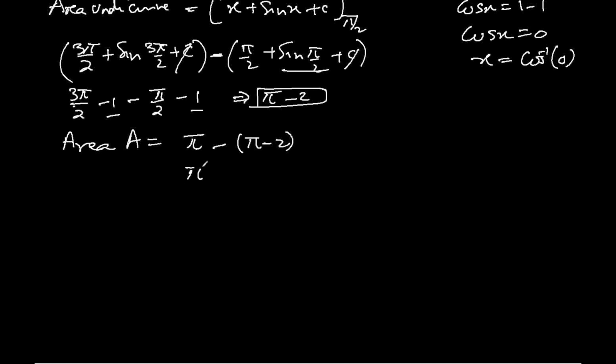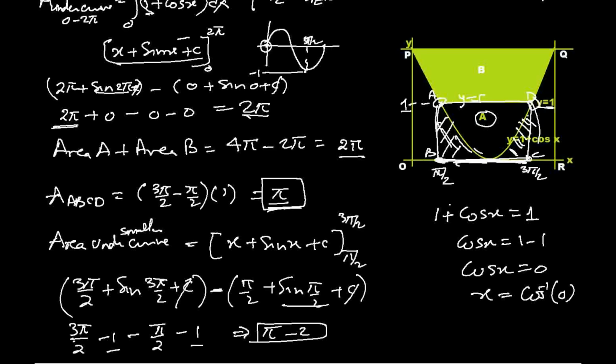So which is pi minus pi plus 2. Pi and pi cancel. So 2 units is the area A. Right? So we knew the area A plus B earlier. This 2 pi was area A plus area B. So we can get area B now.